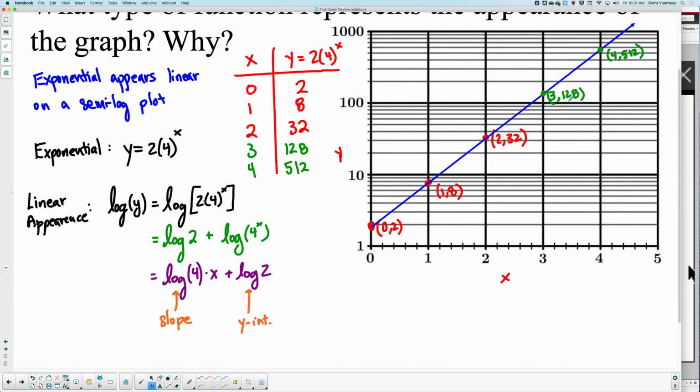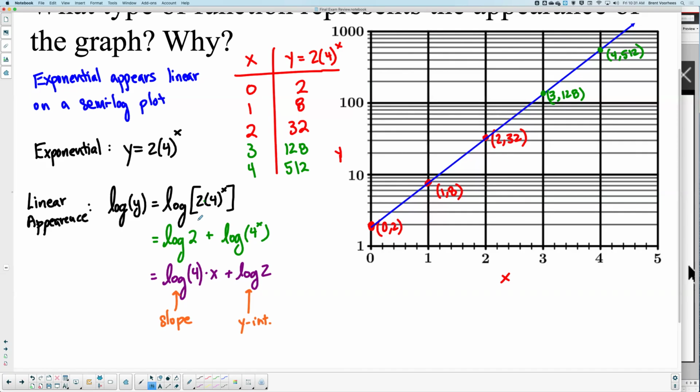It's not rise over run on the semi-log because you're actually multiplying by it. So I'd be multiplying by 4 the whole way. Does that make sense? That's how it always plays out. The base becomes the slope. What becomes the slope? Base. Base has the appearance of slope. And what has the appearance of the y-intercept would be the a value or the y1 value, whatever you want to call it. That would be your y-intercept.